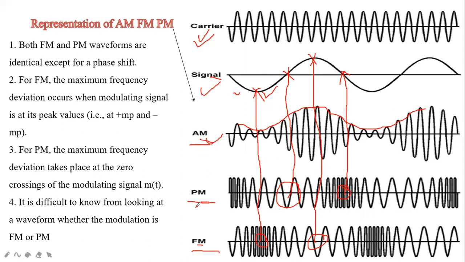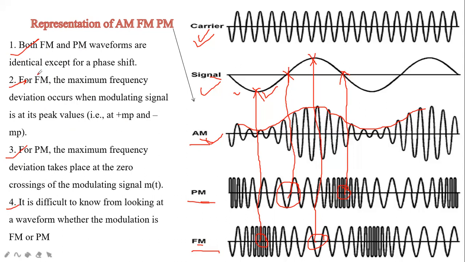Actually, FM and PM are very closely related. When you see these two waves on the CRO, you won't be able to recognize them, right? But this is the point you can use to differentiate these two waves. The same thing is written on your left side point-wise.